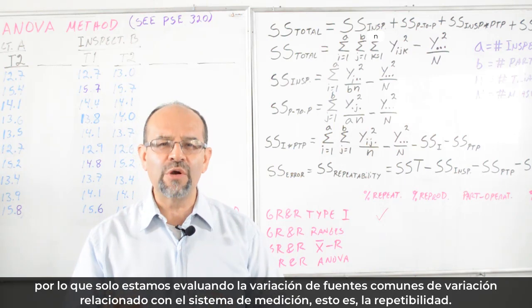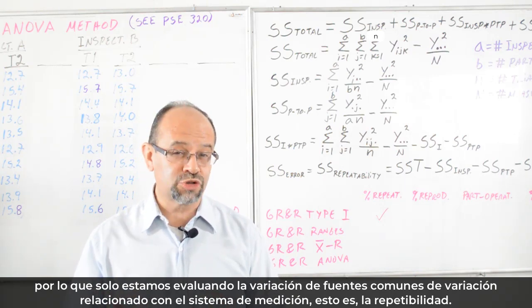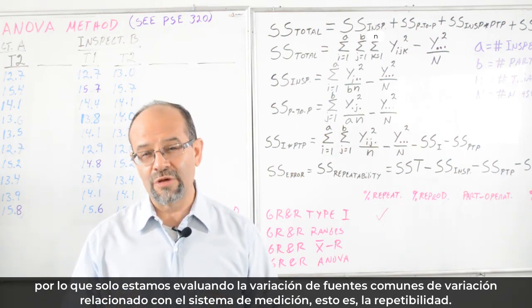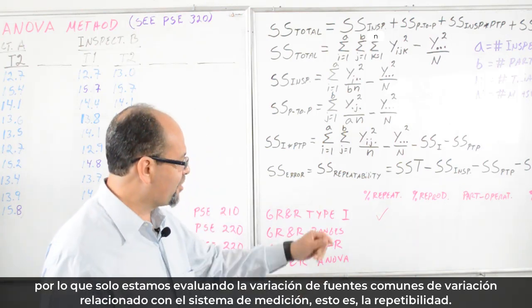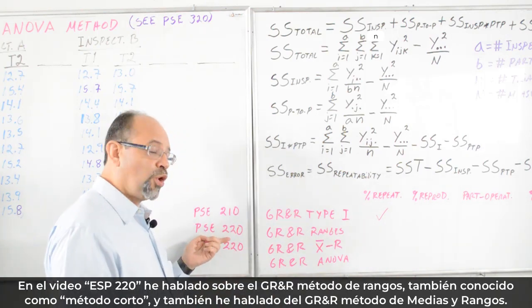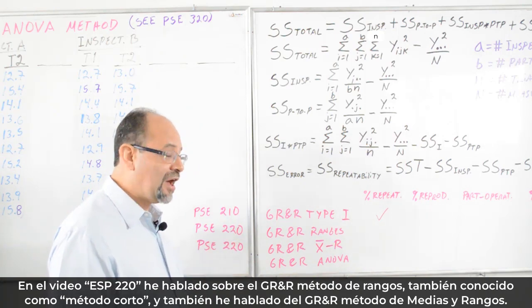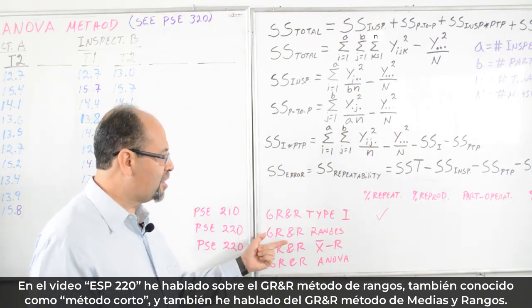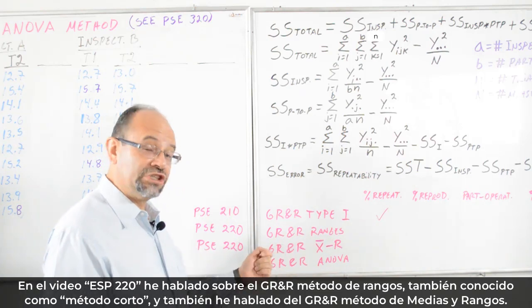So we are just evaluating the variation because of common sources of variation related to the measurement system, and that is the repeatability.